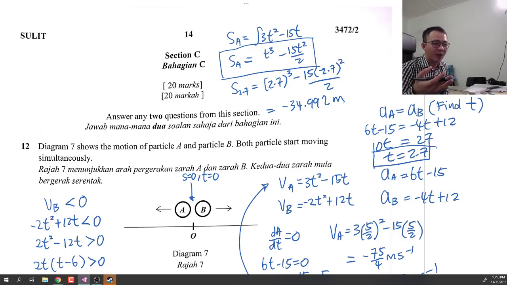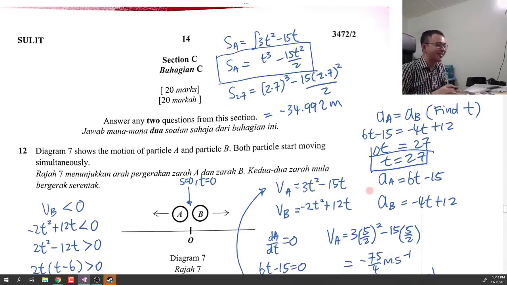Then I will do the same thing for B. Why do you need to integrate? Because integration is the only way we find the displacement. So in order to find the displacement S, you always need to integrate V. I see some of my students are lost already. You have displacement, velocity, and acceleration.